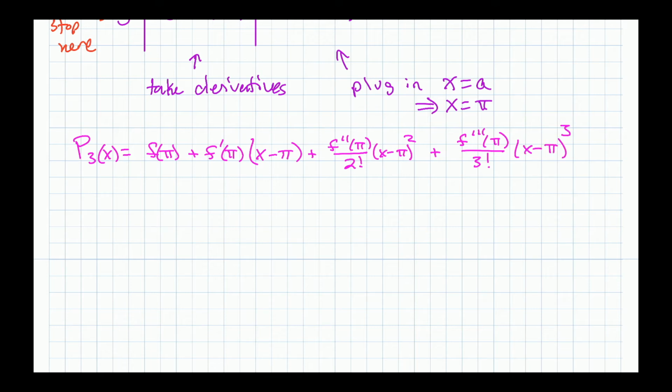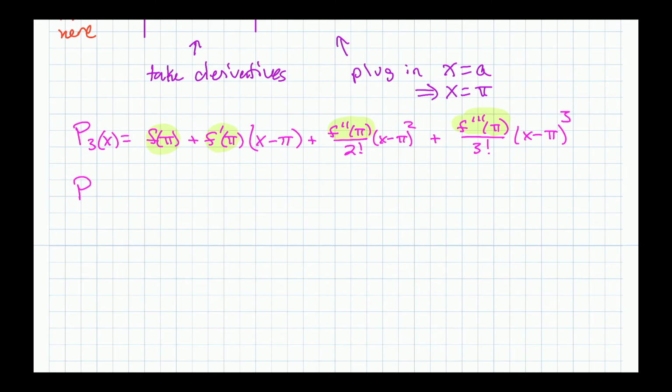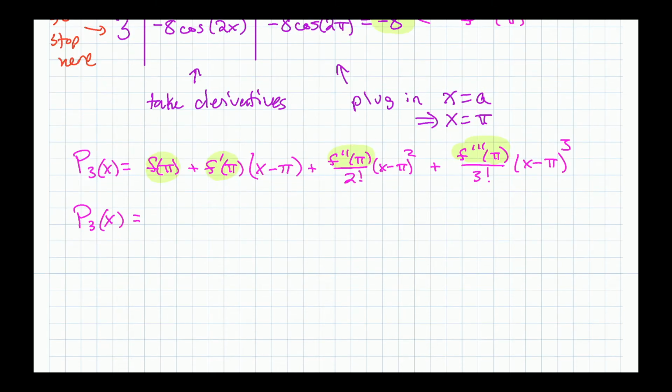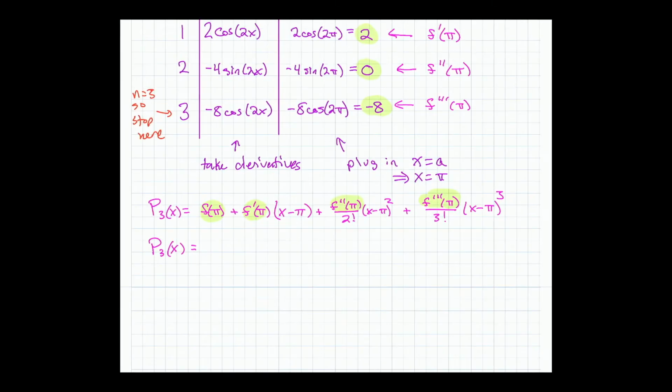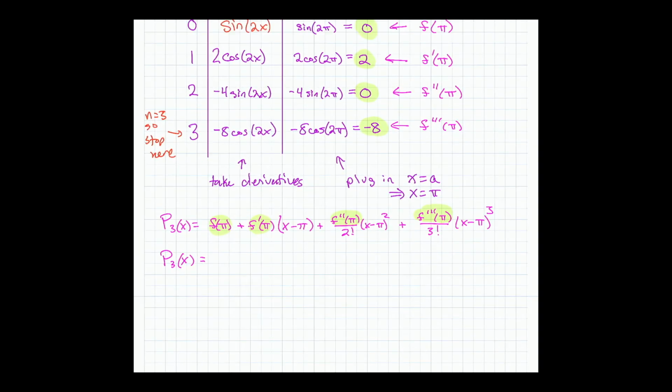So let's fill in everything, right? These are the numbers that we just calculated, but let's write them out. So what we get here is this. We have P3 of x is f of pi. What's f of pi? From our table, it is 0, plus f prime of pi. What's that from my table? We're looking here.